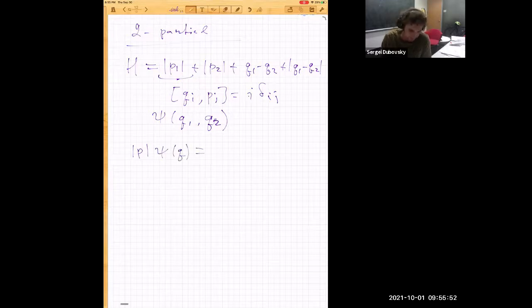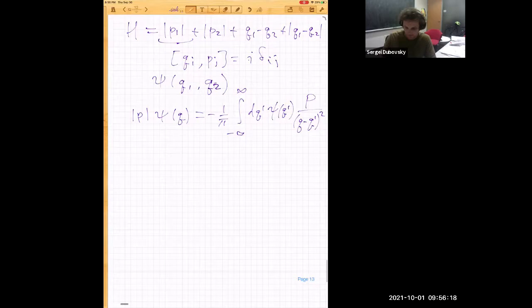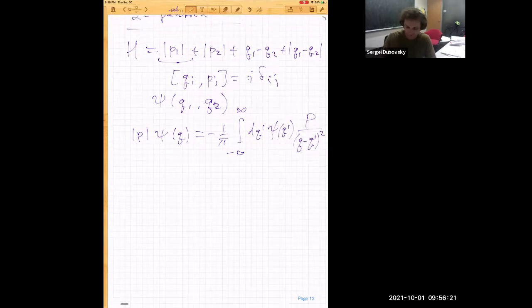We know how to define this kind of operator: the integral from minus infinity to infinity of dq prime psi of q prime times the principal value of 1 over q minus q prime squared. We know the Fourier transform of absolute value P. So following this rule, one can try to solve the corresponding Schrödinger equation.